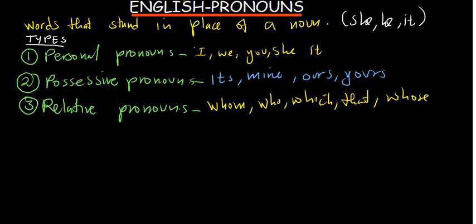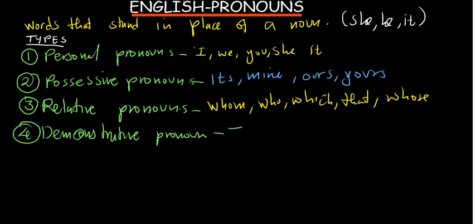Okay, another type of pronoun that we should be able to know is demonstrative pronoun. Now, when you're talking about demonstrative pronouns, just from the word demonstrate, to demonstrate is just to show.